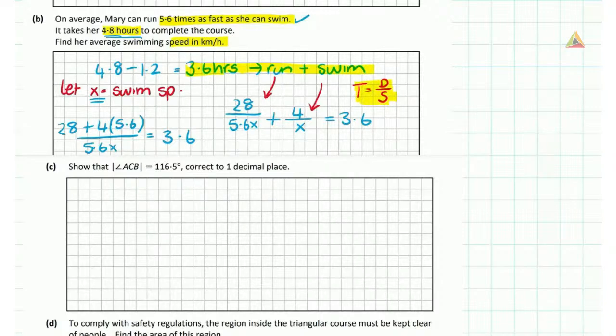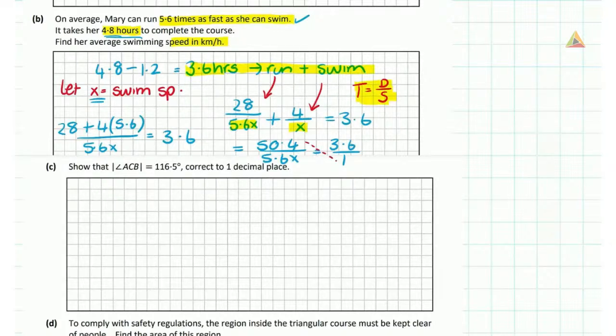Okay, so my common denominator again coming from here, and then I've worked out my top line. So on top, that's going to give you 28 plus 4 times 5.6, so that gives you 50.4. On the bottom, it's 5.6x, and on the right, it's 3.6 over 1, if you like.